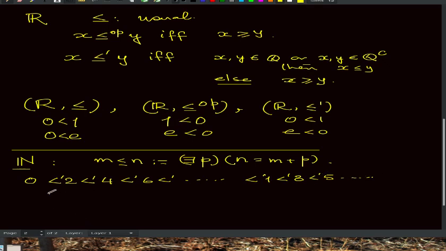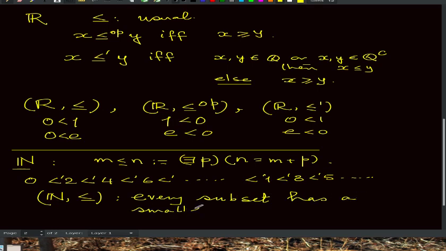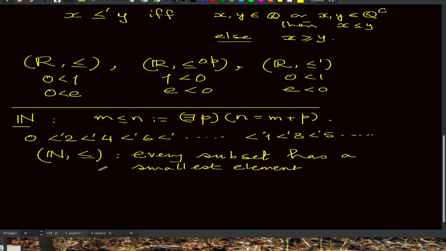Now here you see, with the usual partial order, every subset has a smallest element. But here, with this partial order, this is not true.